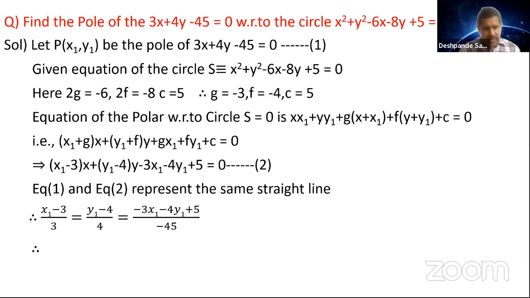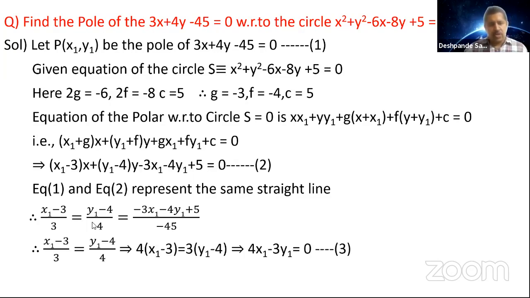But while solving problem here, what is it you have employed in your previous classes? How is it you have solved it? You take any of the two terms. So if I take the first term and second term, (x1 minus 3) by 3 is equal to (y1 minus 4) by 4.